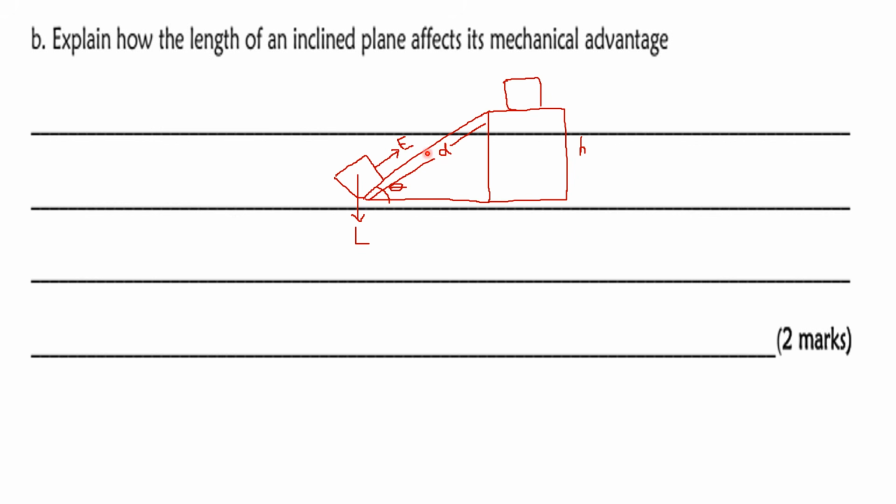That's what mechanical advantage is. Usually calculated by dividing the load. MA is the load, which is the weight, divided by the force which you are exerting to pull it.